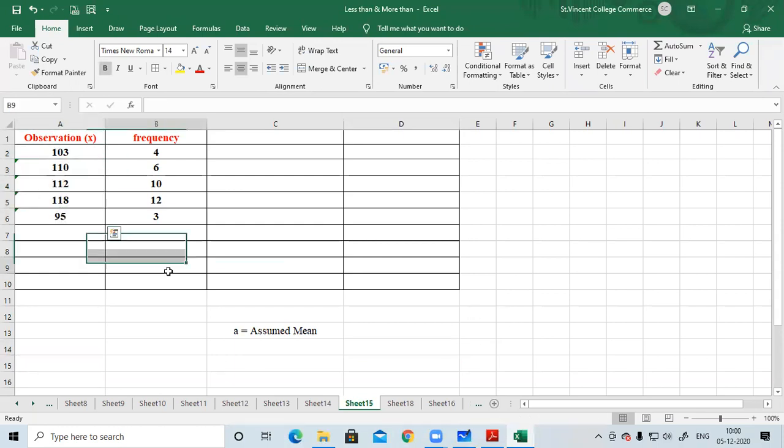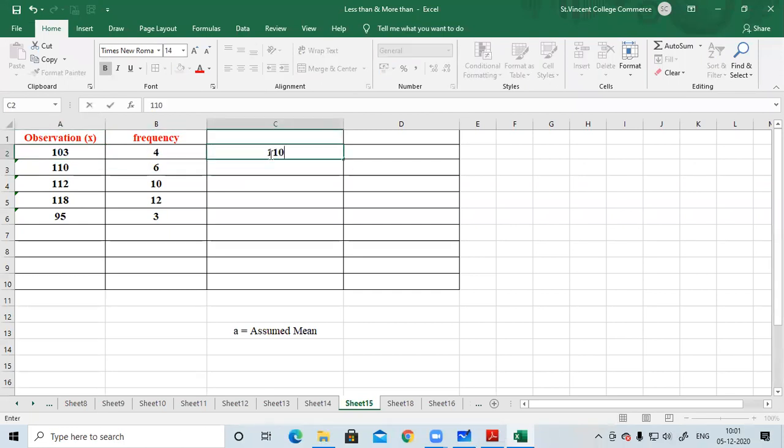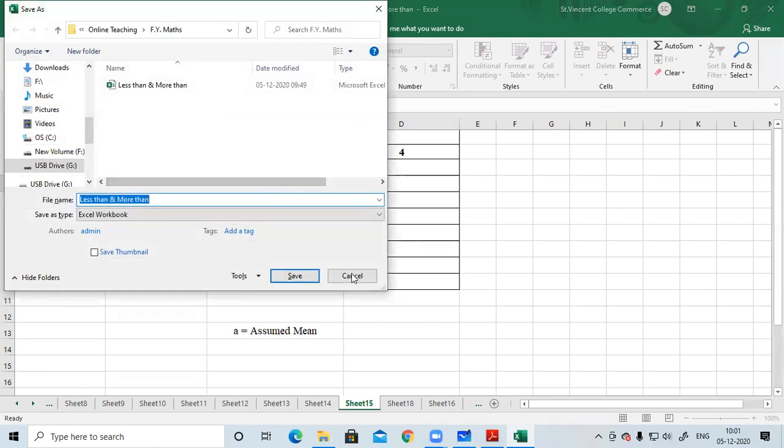Now, from which section will you assume the mean? From your observations. Your mean will not be from the frequency. In short, 4 students got 103 marks, exact 103. When I write 100 to 110 and I write 4 here, that means there are students who got marks between 100 and 110.